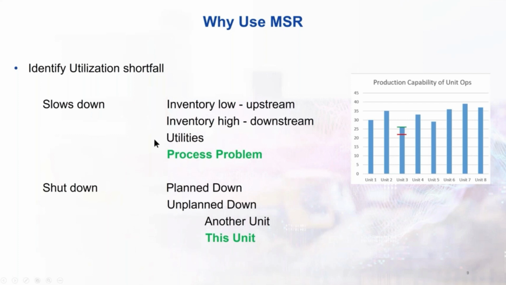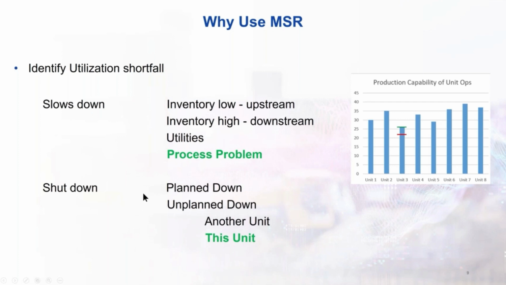Or the utilities, the steam plant, the electrical, the delivery system, whatever, have problems getting you the resources you need. Those 3, you really can't do anything about yourself. If you're looking at your process, the only one you can do anything about is process problems. So under the slowdowns, we try to identify all the process problems that are preventing you from getting that portion of the utilization.